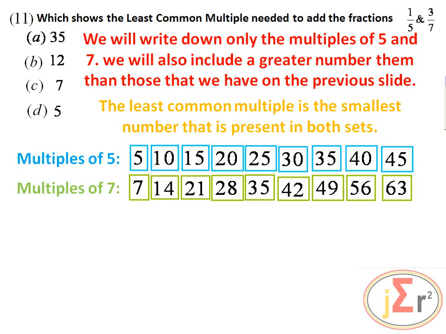Common means that it is present in both, or present in all, or an attribute of all. Multiple means that both numbers must be able to divide into that number without leaving a remainder. And least means that we need to find the smallest such number.